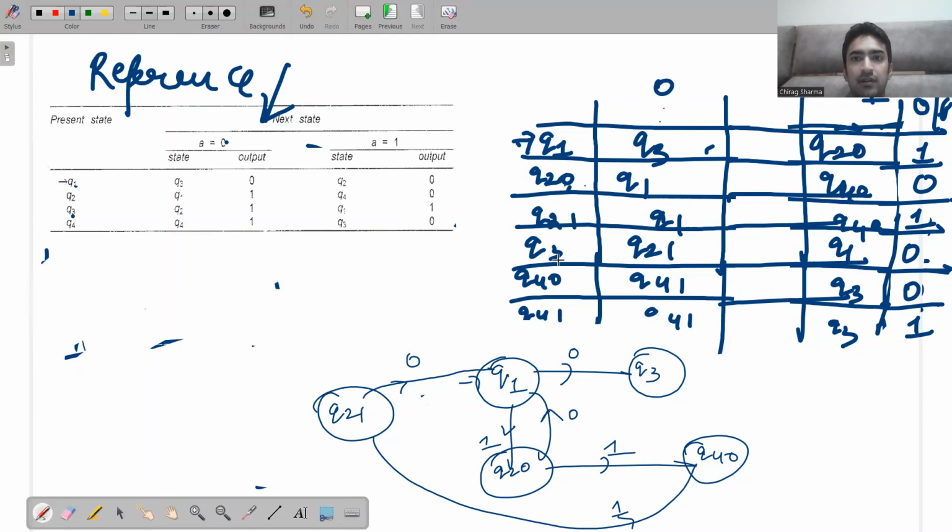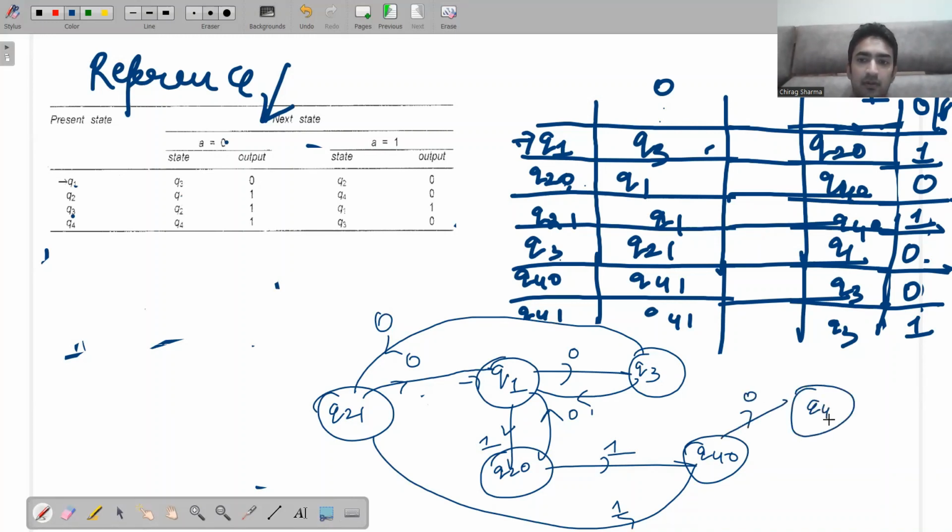Q3 when it is given 0, it goes to Q2 1, right? And Q3 when 1 is given, it goes to Q1. Q4 0 when 0 is given, it goes to Q4 1, and with 1, it goes to Q3.